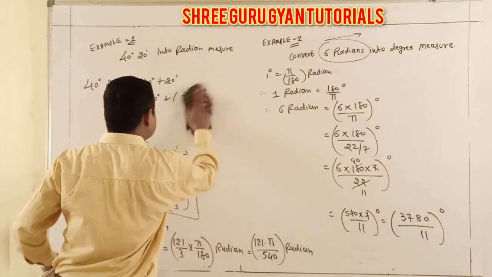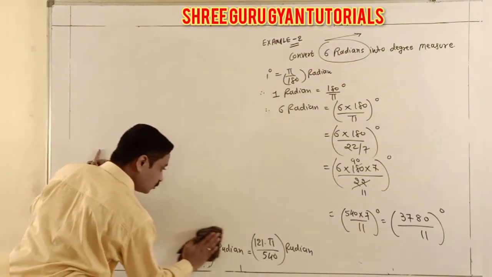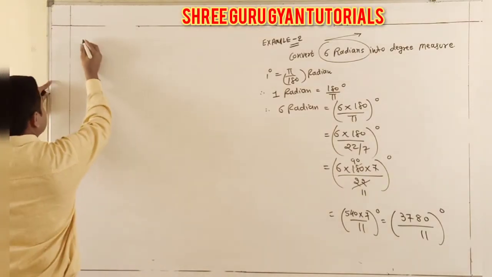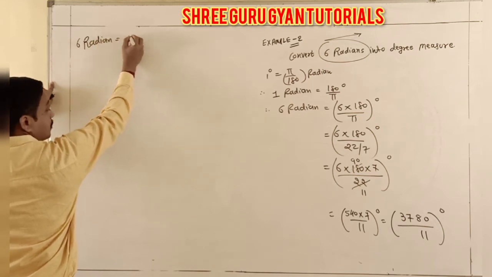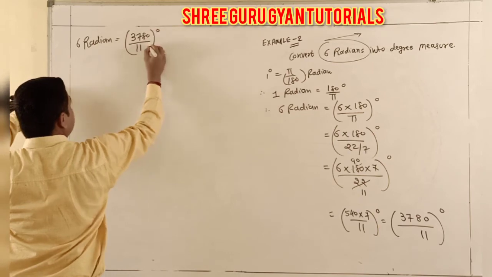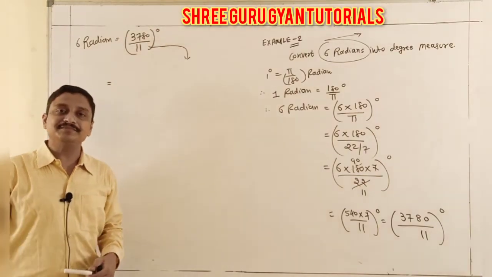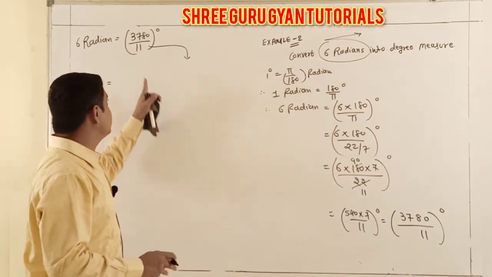Now I translate it up to minute and second. So what do you get? 6 radian is 3780 by 11 degree, and this you divide using your simple calculation. I think students, this division is done.